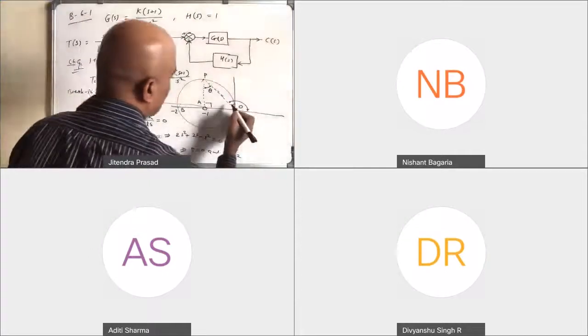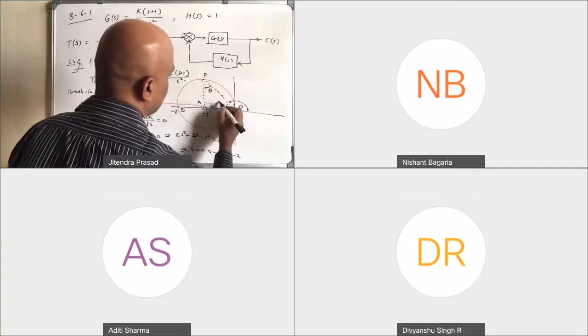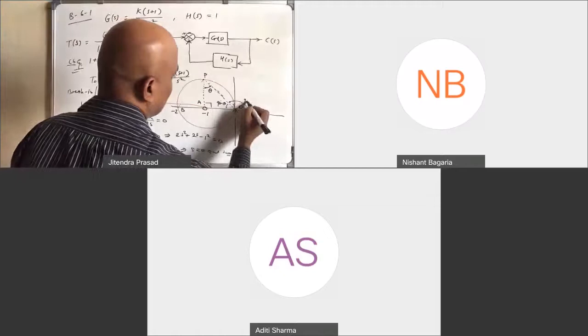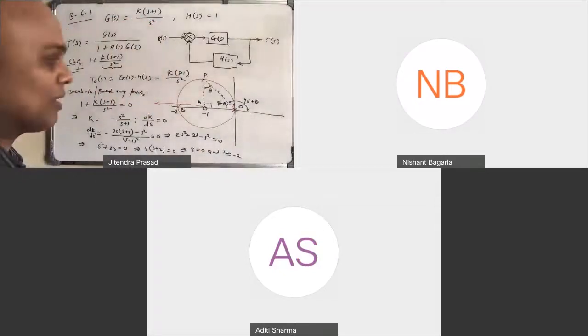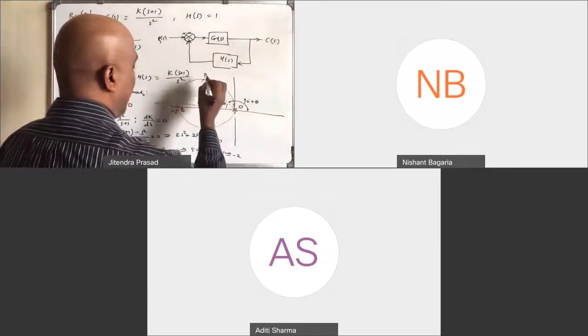Then we will have this one 90 degree minus theta, and then this will have 90 degree plus theta. Right. Now this has to satisfy the angle criterion.